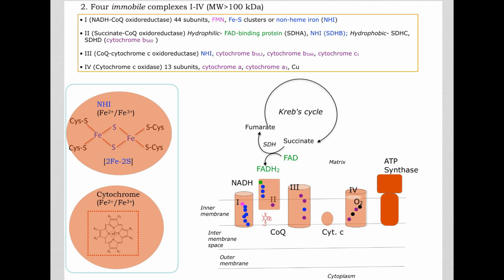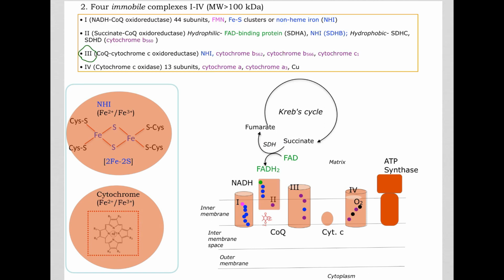The second complex is complex 2, also called succinate coenzyme Q oxidoreductase, because the enzyme succinate dehydrogenase of the Krebs cycle is very closely associated with complex 2.